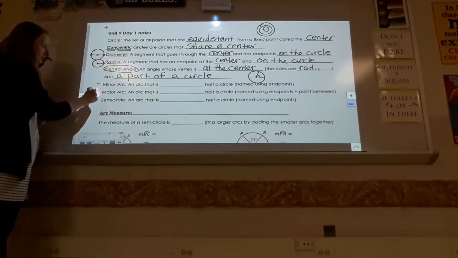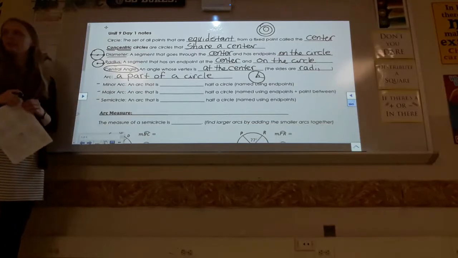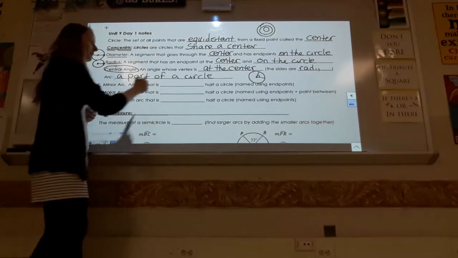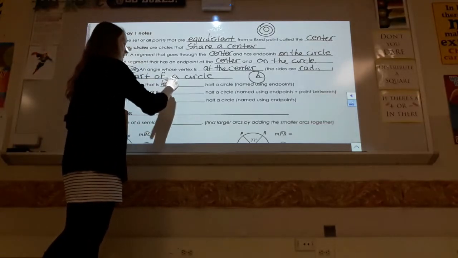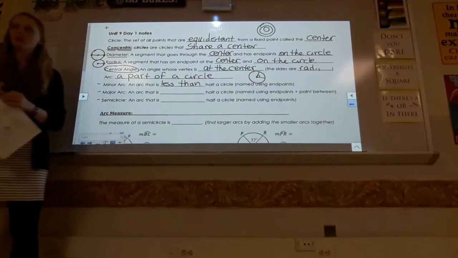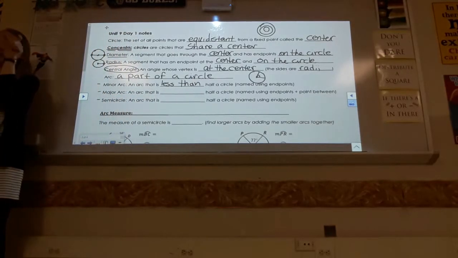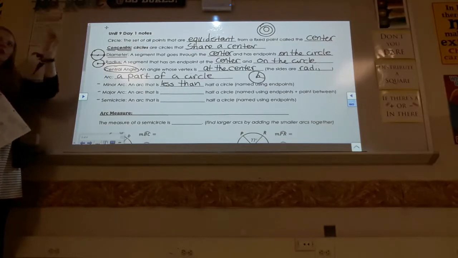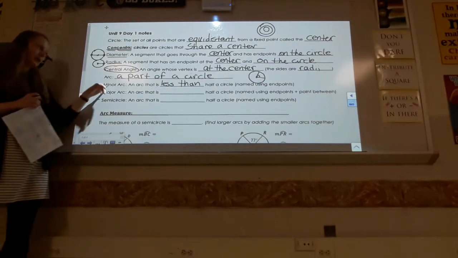Now we have 3 types of arcs that we're concerned with. We have a minor arc, which is an arc that is less than half a circle. So if you're only drawing a little tiny arc, it has to be less than half a circle in length. That's called a minor arc.